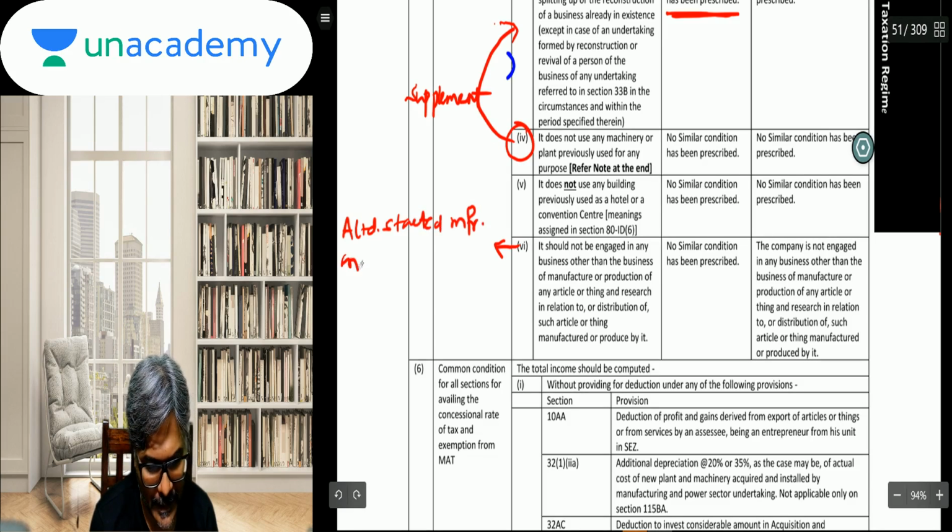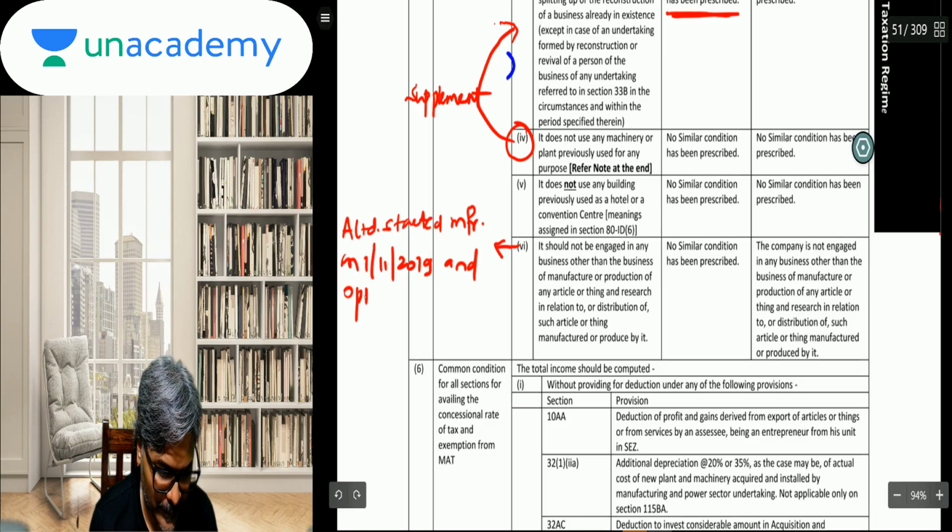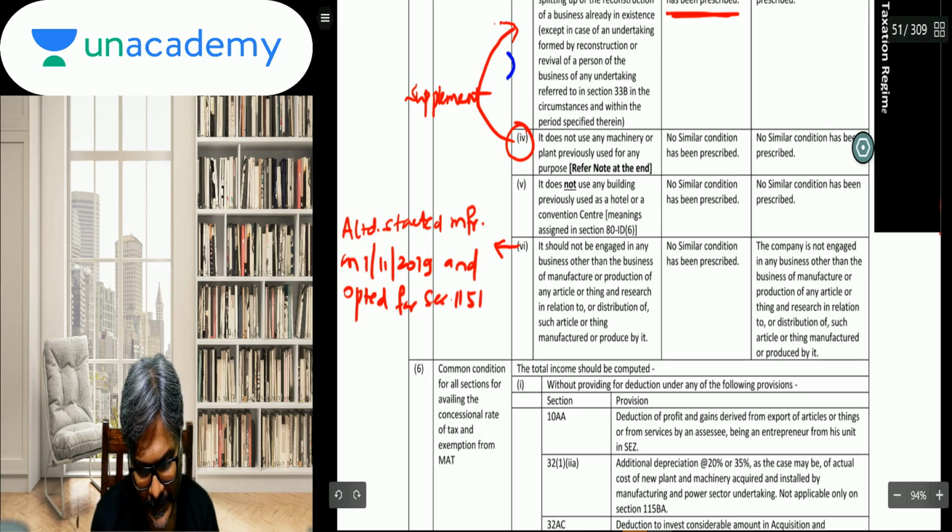manufacturing on 1st November 2019 and opted for Section 115 BAB.